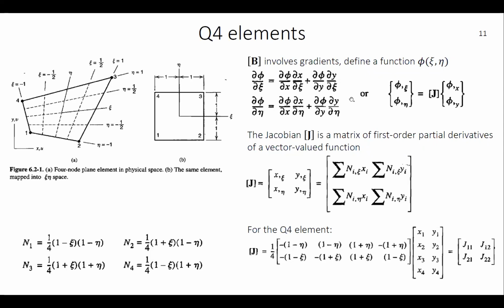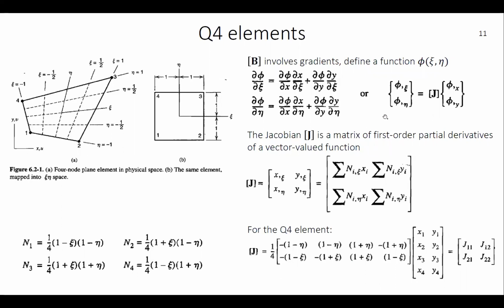So this is also basic calculus. And we do the same in the eta direction. So it's a partial derivative involving the global coordinates x and y and the mapped coordinates xi and eta.